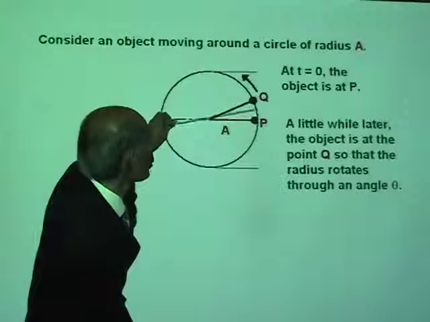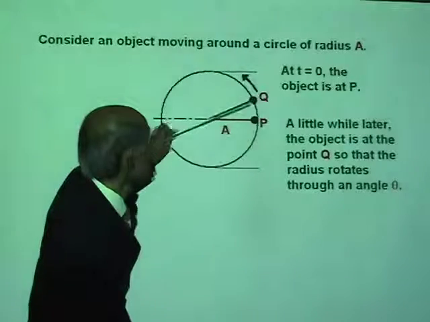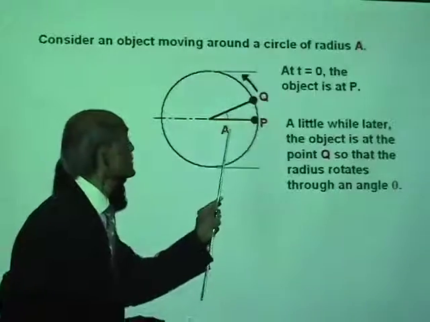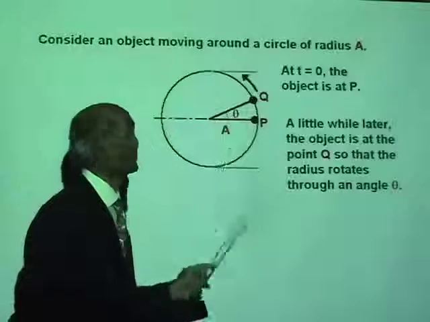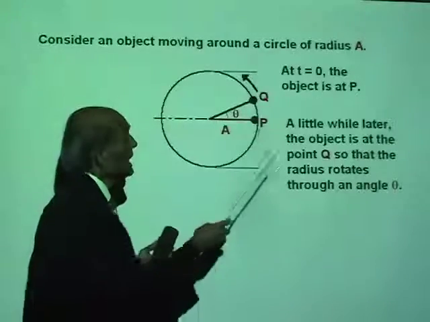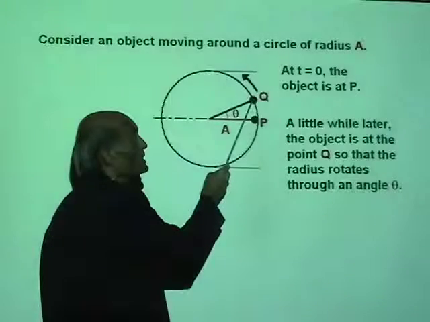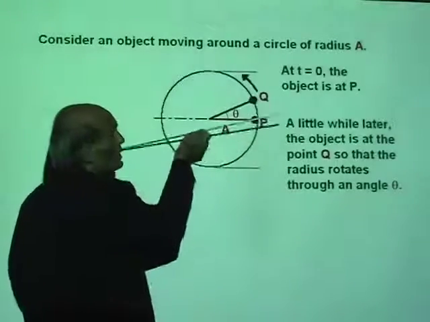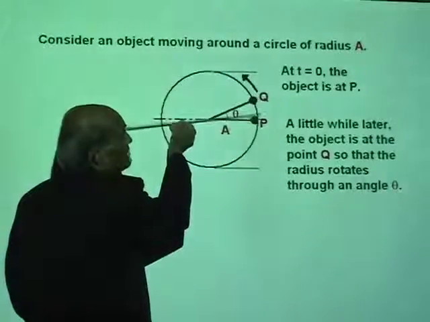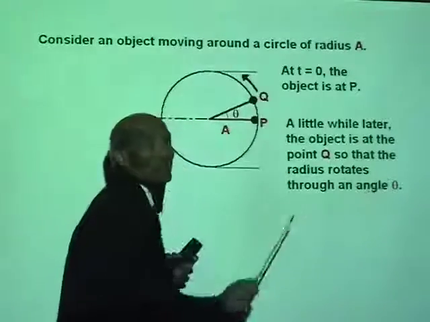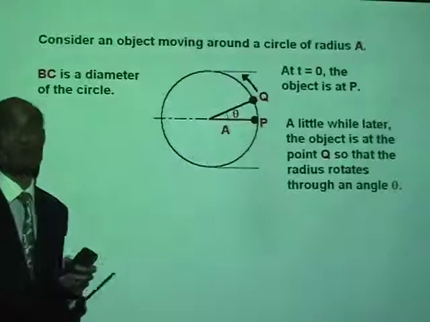The radius rotated through an angle theta. And this is the angle theta. That means, as the object moved from position P to position Q, the radius rotated through an angular displacement. We will represent that by theta.